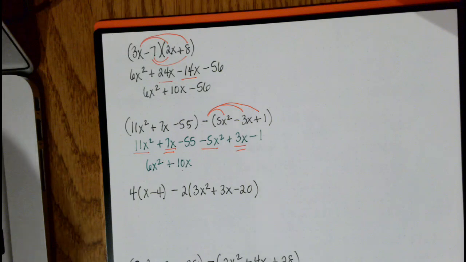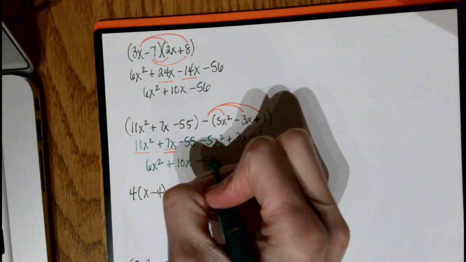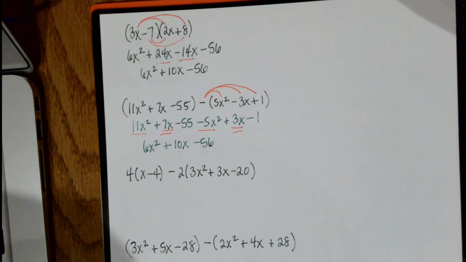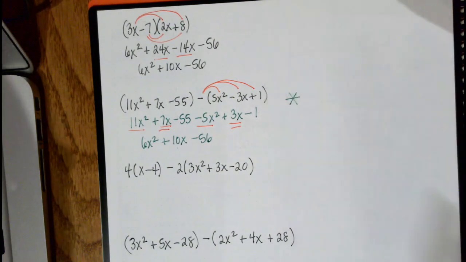And then negative 55 minus 1 is negative 56. So our first choice does seem to be an answer, but unfortunately for us, it says select all the correct answers, so we can't stop there. But this one, yes, that one is an answer.